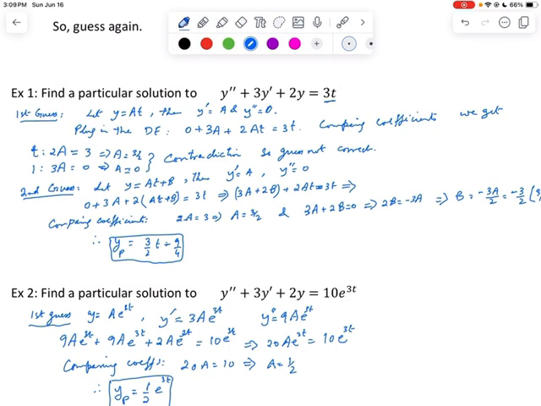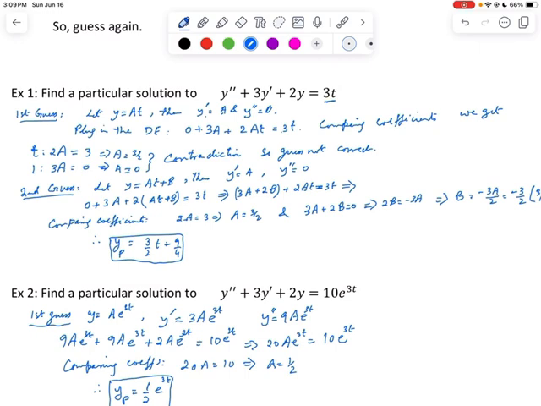We plug this function into the differential equation, so we need the first and second derivatives. y prime will be a, and y double prime will be 0. Plugging into the DE, we get 0 plus 3a plus 2at is equal to 3t.